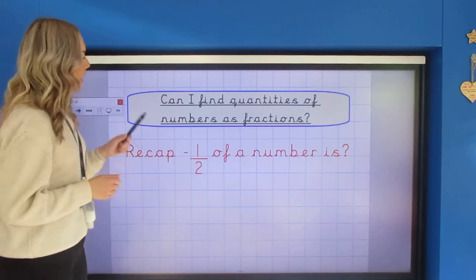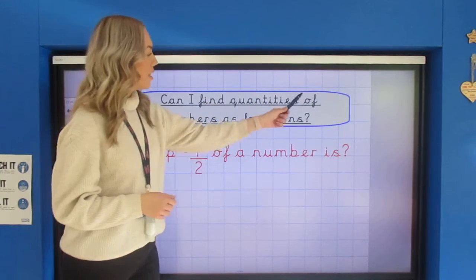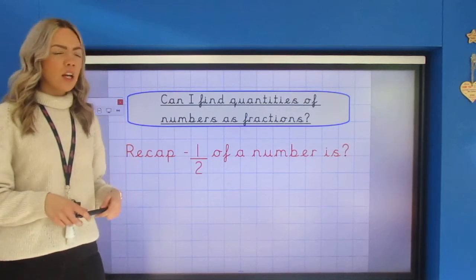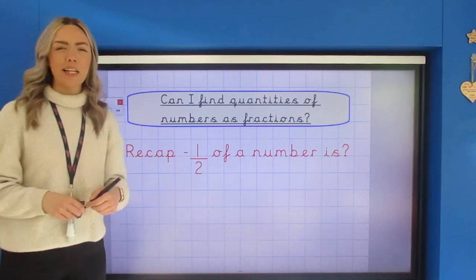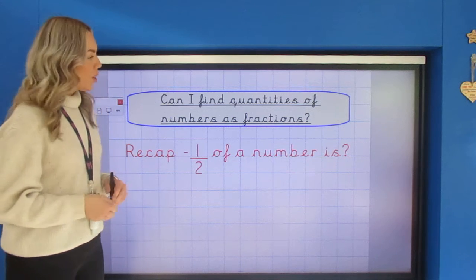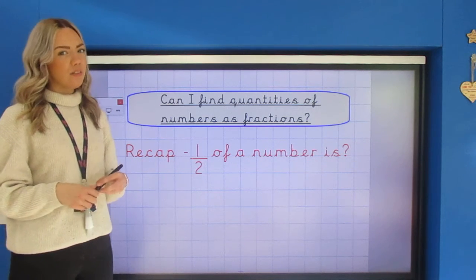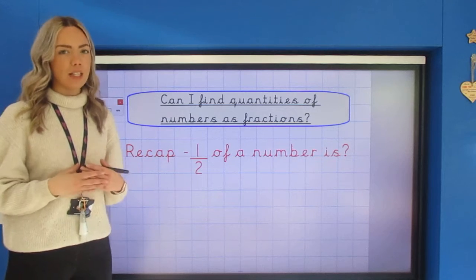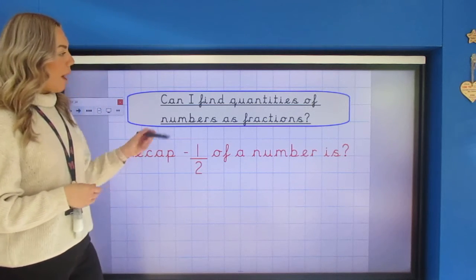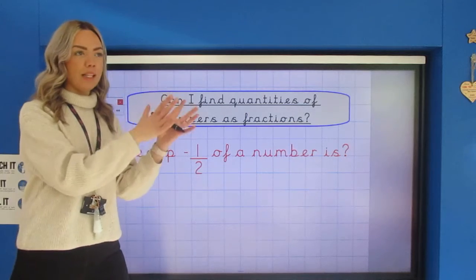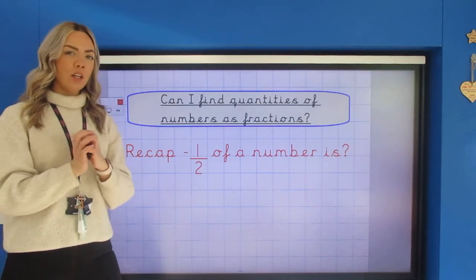It says, can I find quantities of numbers as fractions? Wow, that seems like a really tricky learning question, but if we break it down and have a look at what it means, it's actually really simple and we've done it lots already this week. So remember, a quantity means the same as a piece of or a section, okay?